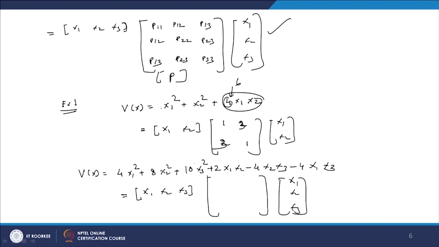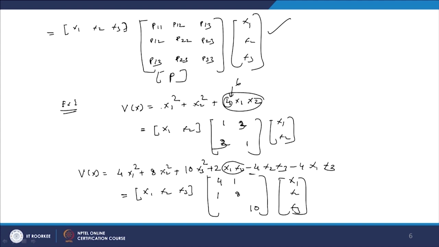So we write the elements 4, 8 and 10 in diagonal form. Now for the other elements x1 x2, x2 x3, x1 x3, whatever value is there we have to divide by 2 and write it here. Particularly the x1 x2 element is 2, divided by 2 means 1. So we can write 1 and 1.